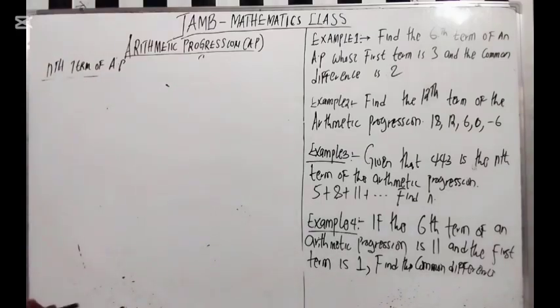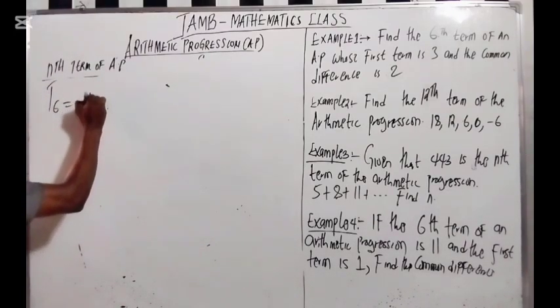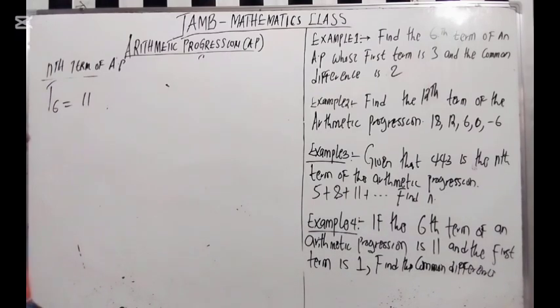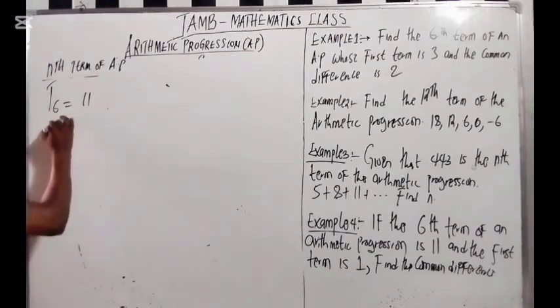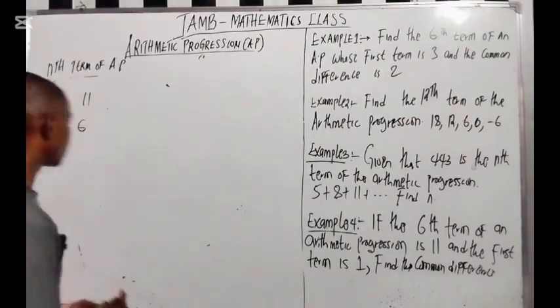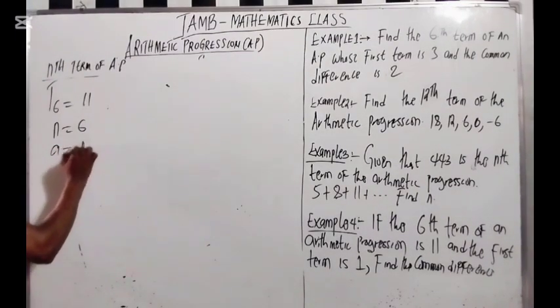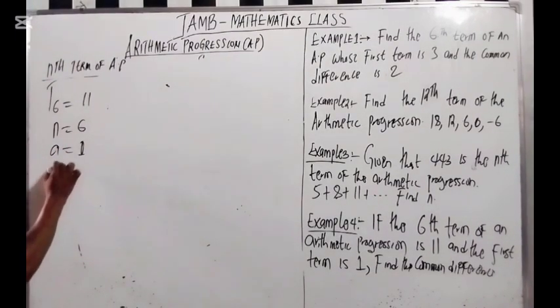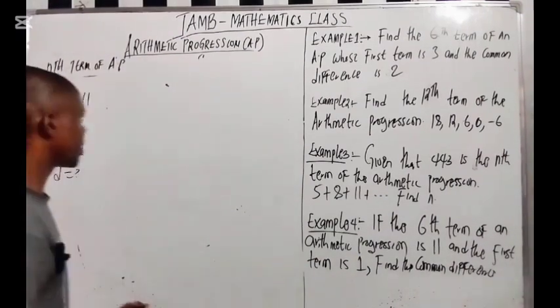So they say that the 6th term is 11, right? There is my n. What's my n? My n is 6. Now my first term a is 1. They ask you to find the common difference, as easy as that.